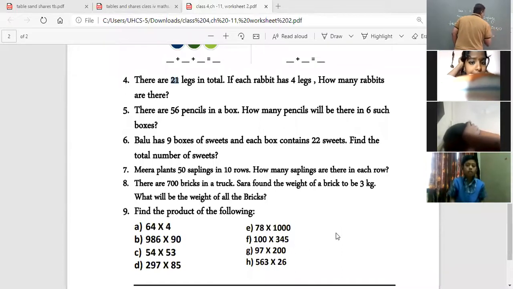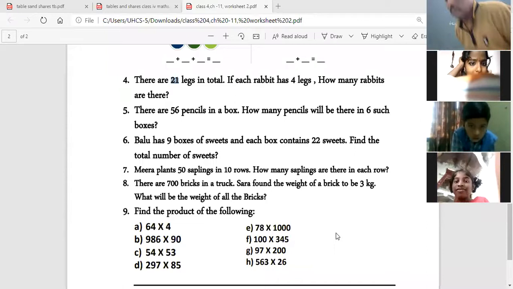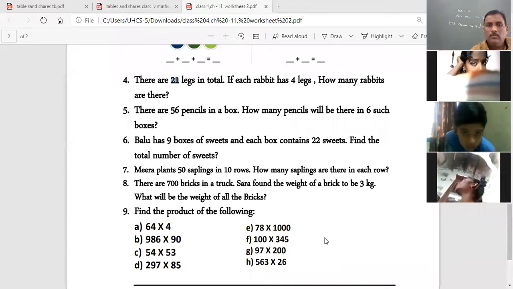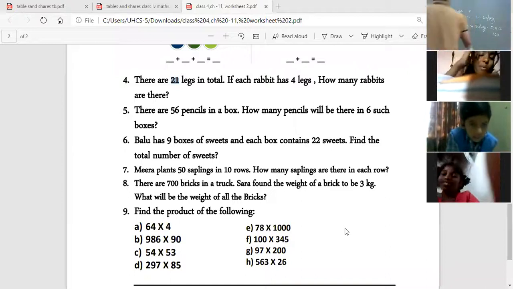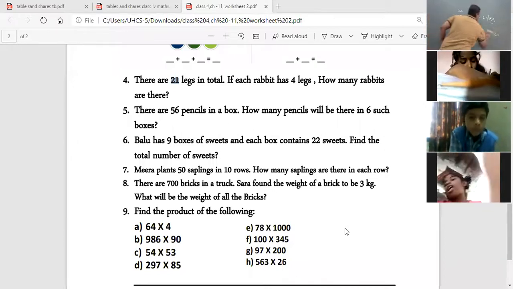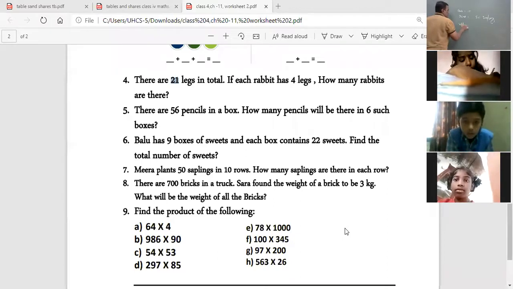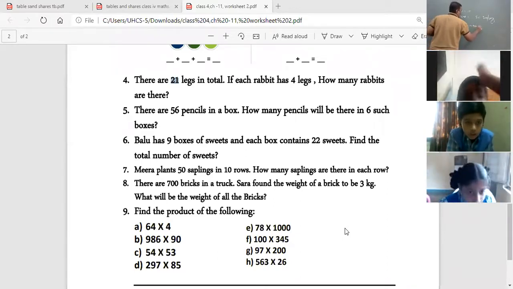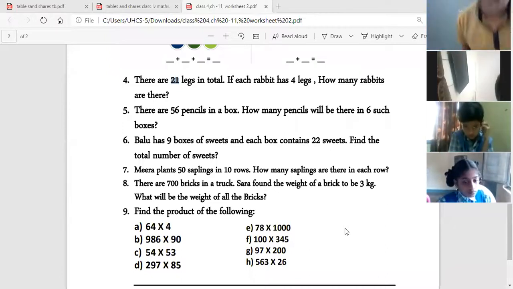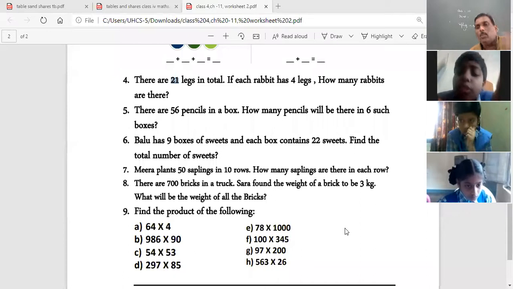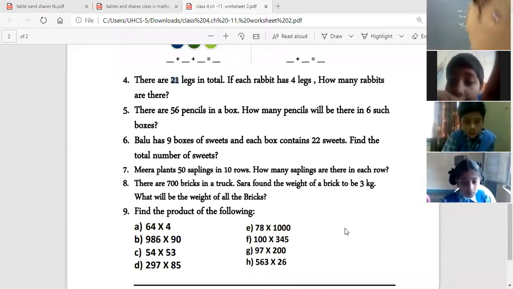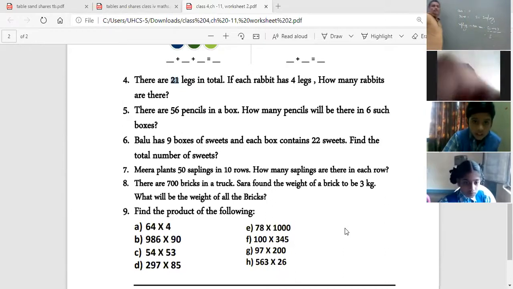Five plants, sir. 10 fives are 50. Total number already given as 50. 10 rows are there. 10 fives are 50.